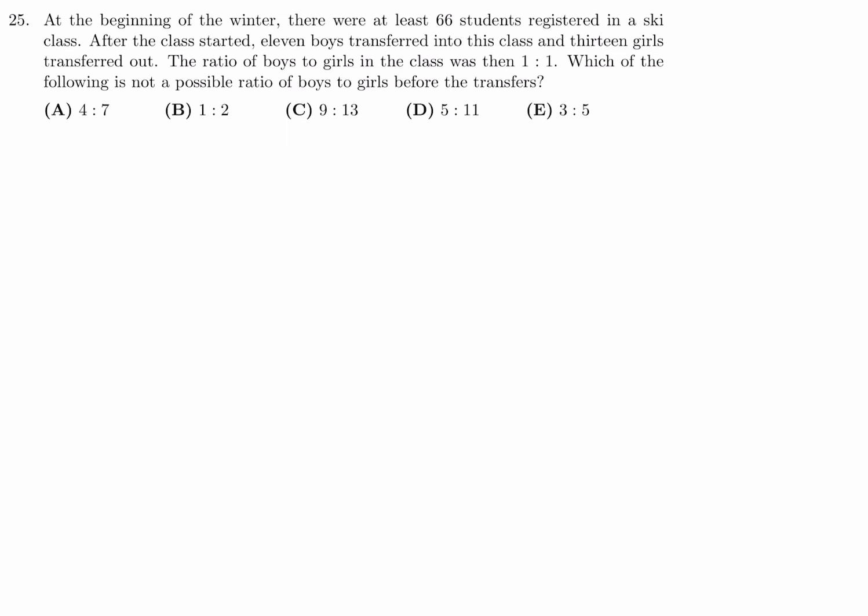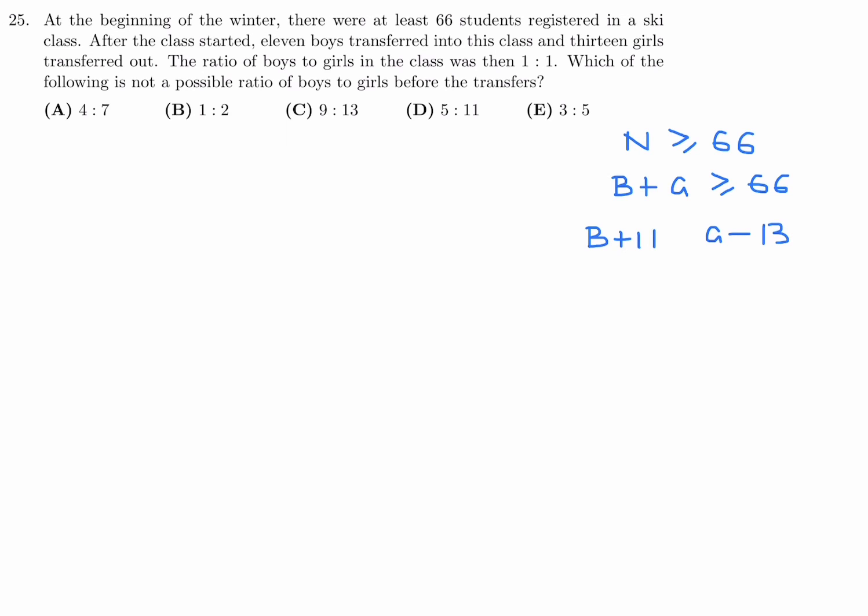Let's discuss this now. Our total number, they're saying, has to be at least 66. And that number, of course, is the number of boys plus the number of girls. And that's got to be greater than or equal to 66 initially. Then what happens is the number of boys increases by 11 and the number of girls decreases by 13.